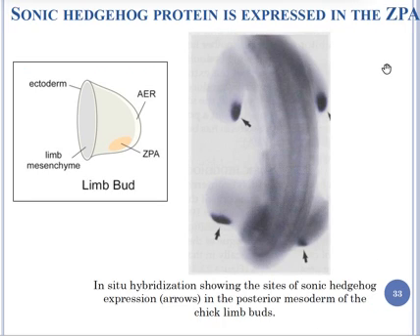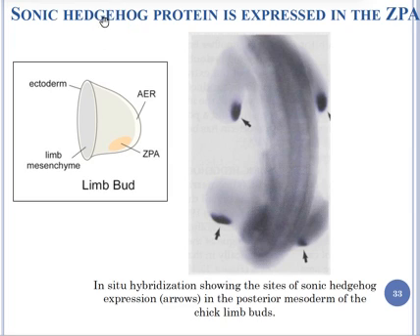So now, after discovering the ZPA, they looked for the main agent of the ZPA. What is the main active agent of the ZPA? Like, for example, we had FGF8 in the AER. After doing different in situ hybridizations to look at the expression of the genes present in the ZPA, and which genes co-localize with the ZPA and might have a main function in the ZPA activity, finally they found the sonic hedgehog gene.